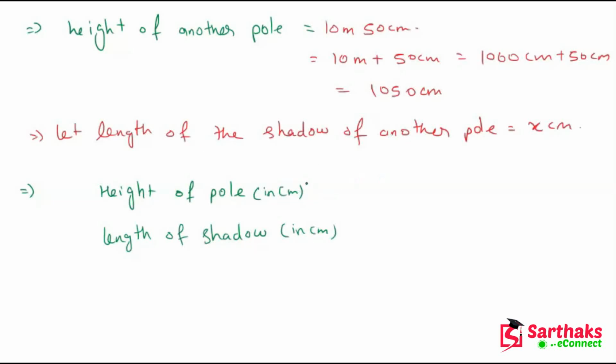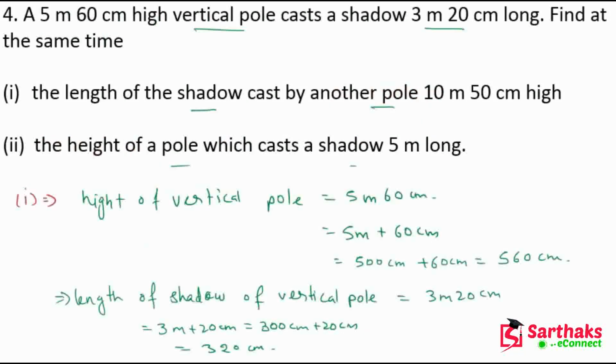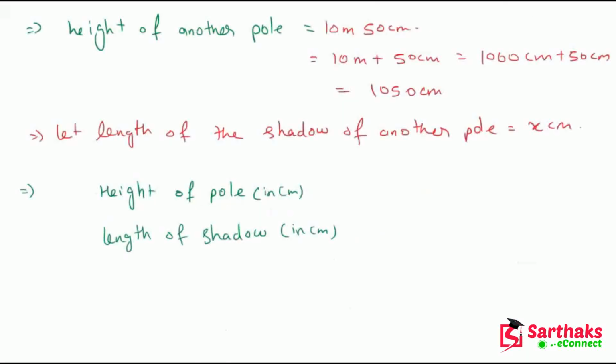Now the height of the first pole is 560 centimeter, and the length of the shadow of the first pole is 320 centimeter. So we can write 560 and 320. Now the height of the other pole is 1050 centimeter, and we have to find the length of its shadow, which we are assuming is x centimeter.